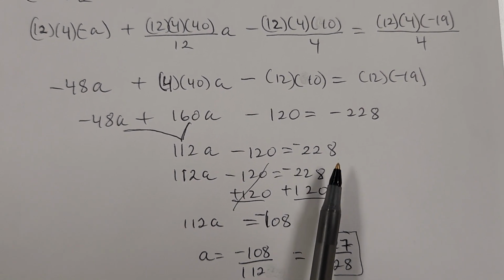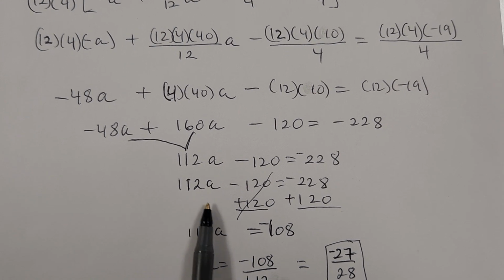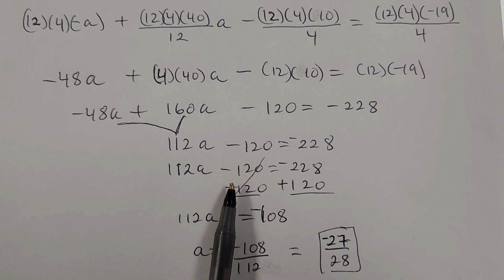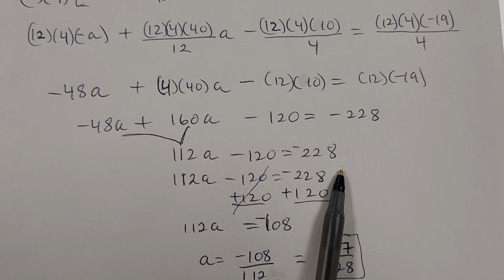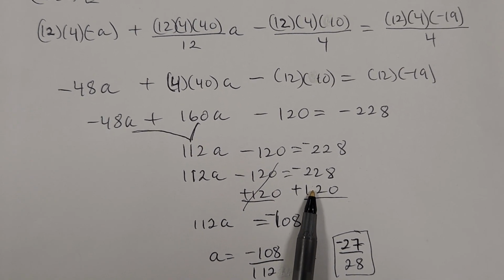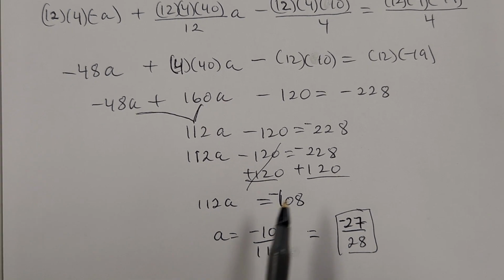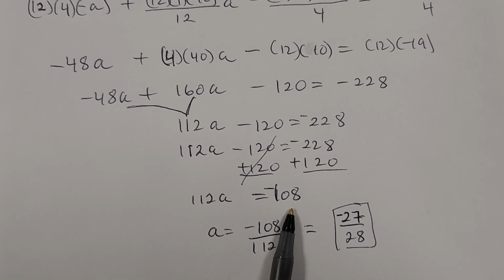228. Okay, I'm going to rewrite this line right here down so that you can see the subtracting. Okay, so this is a minus. I want to bring it to over here, so I would add 120, add 120. These two cancel out, so I just have 112a. 228 subtract 120 gives me 108.